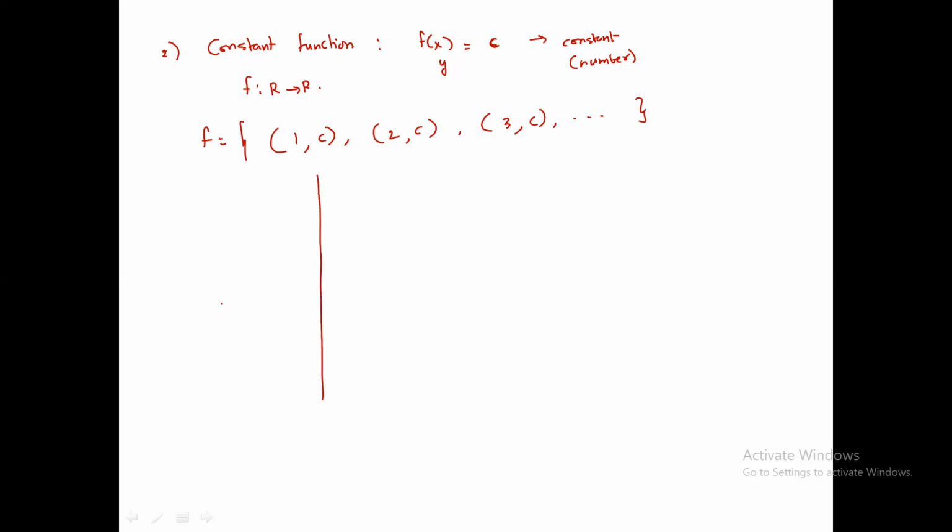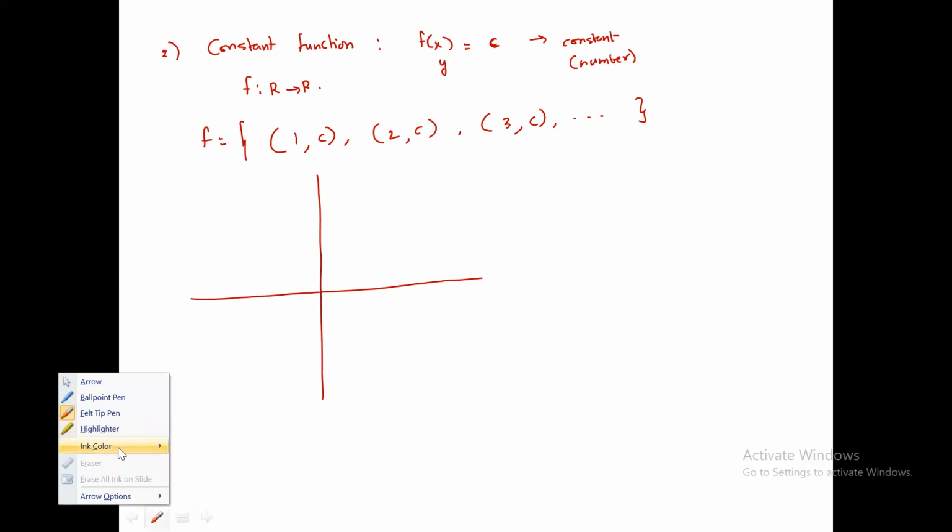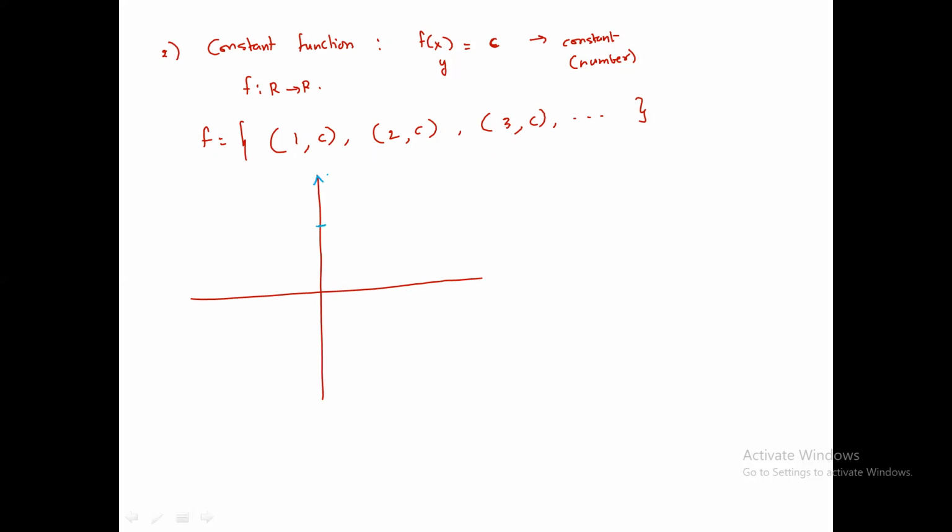So if I draw the graph of such function, how will I draw? For example, y on y axis, y is c here. So when x is 0, 0 comma c, 1 comma c, 2 comma c, 3 comma c, 4 comma c, minus 1 comma c, minus 2 comma c, minus 3 comma c, like that it goes on.